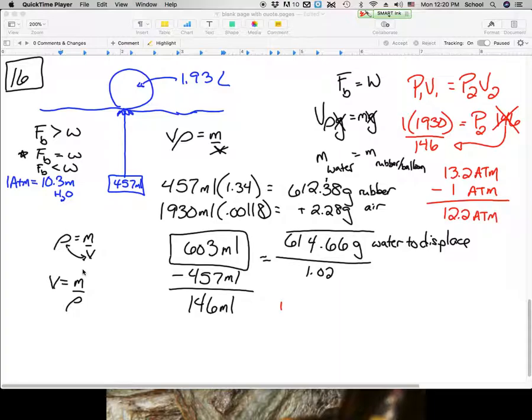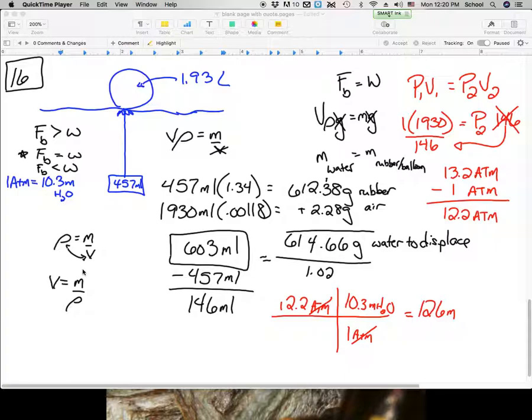So if we have 12.2 atmospheres, and I give you the handy conversion factor of 1 atmosphere is equal to how many meters of water? 10.3. That means we need to sink that puppy 126 meters down.